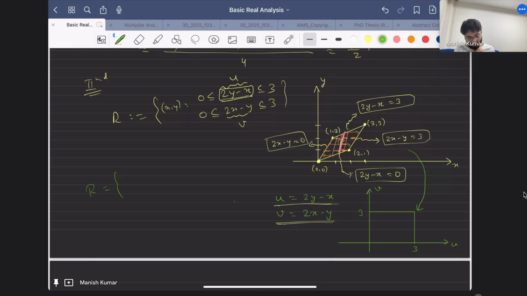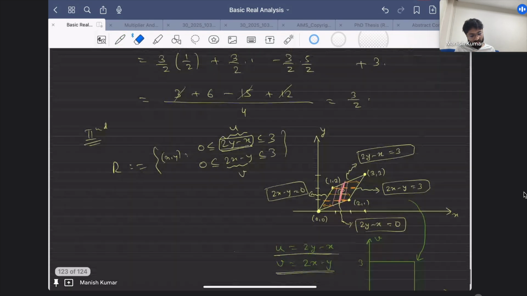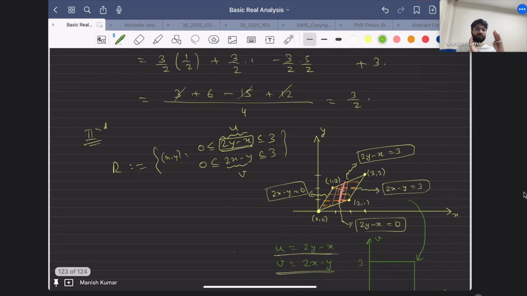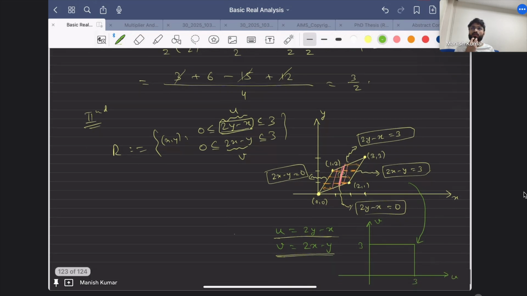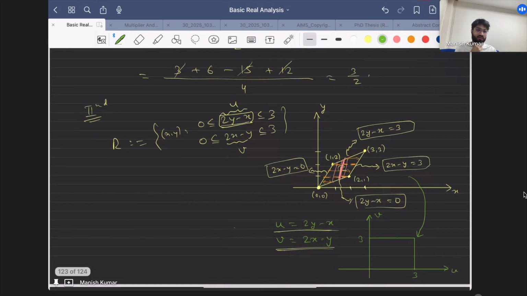In this case, the main thing is that I know this is a kind of parallelogram. If I do some transformation, it looks like a rectangle. This would be the motivation. Let me draw it exactly like this. So this is the figure in the xy coordinate.